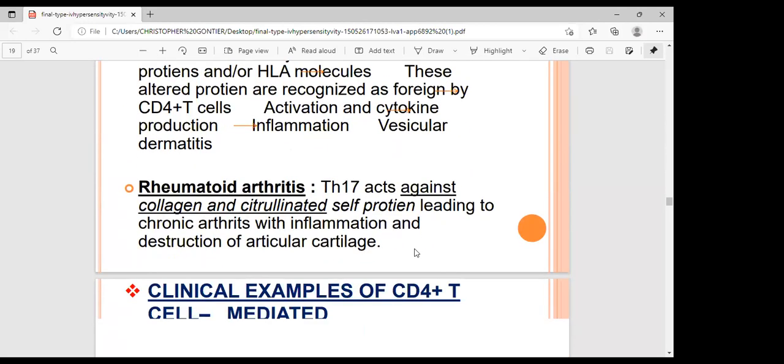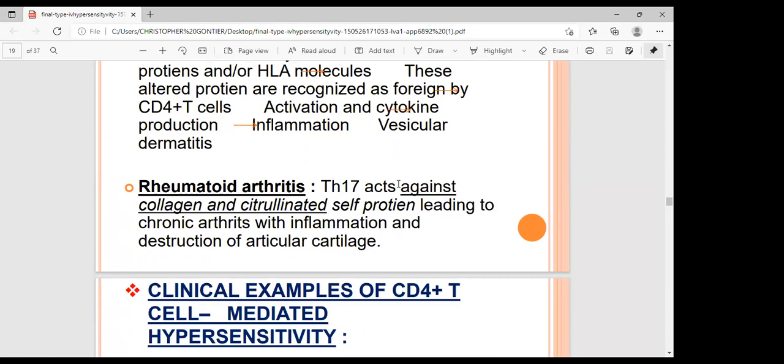Rheumatoid arthritis, this is crucial because Th17 acts against collagen and citrullinated cell protein. Whatever it produces here is toxic to the cartilage. So with autoimmune diseases like rheumatoid arthritis, we want to be looking at a more exaggerated CMI, cell-mediated immune response, as opposed to an exaggerated humoral immune response, although we can produce autoantibodies against rheumatoid factor.